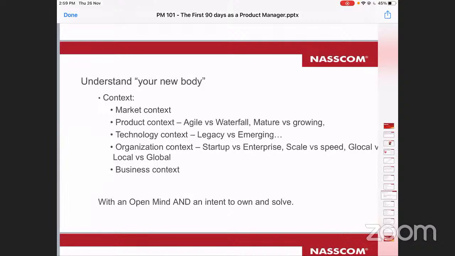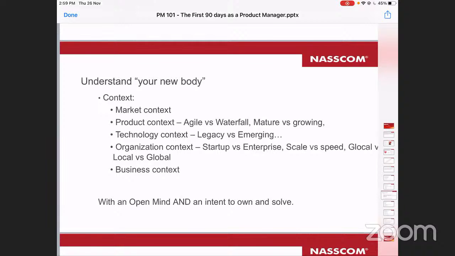Organization context. I think we spoke about this a little bit. If it's a startup, the culture would be different. You may have to don multiple roles, even though you have the role of product manager. But when you're in an enterprise, because scale is important, you may have a very specific charter for yourself and a specific set of roles and responsibilities. And from an organization standpoint, what is important currently is key to understand. For example, is it scale?